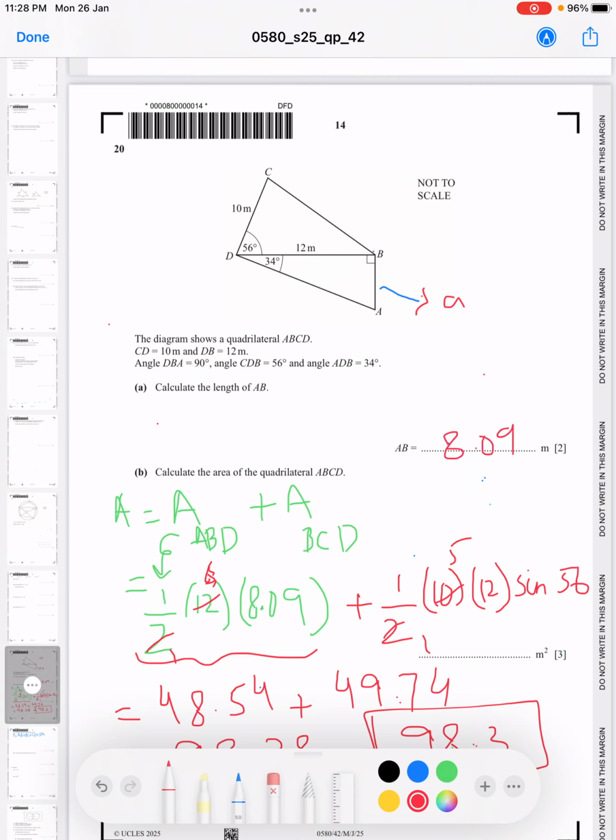Okay, this is known, right? So I mark it as tick. This is known, we know that 8.09. This is also known, right? So we are left with BC, that is not known, and AD, that is not known. Okay, so one by one we will discuss in which way we will find them.